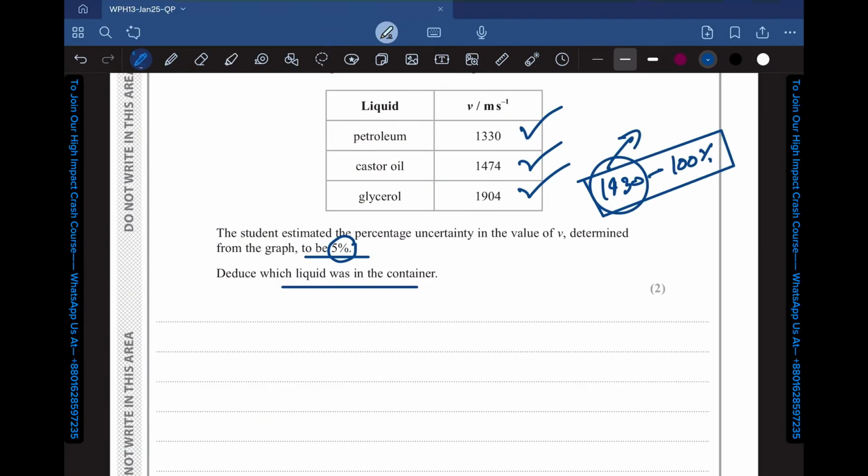So increasing it becomes 1430 into 105 divided by 100. Okay, and then decreasing by 5% will be 1430 into 95%. We will then calculate these two values. The actual 100% value we increase and decrease by 5%.